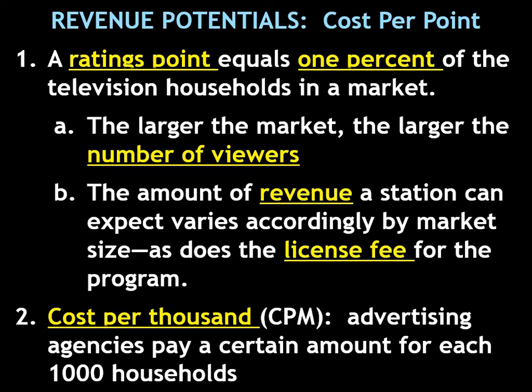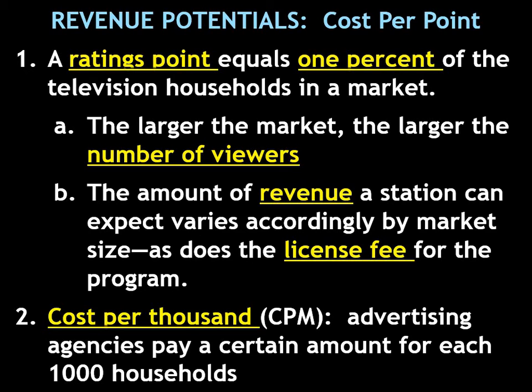A ratings point equals 1% of the television households in a market. So if there are 1 million homes in a particular market that are considered to be available for a television station, 1% of that million would be 10,000 households.